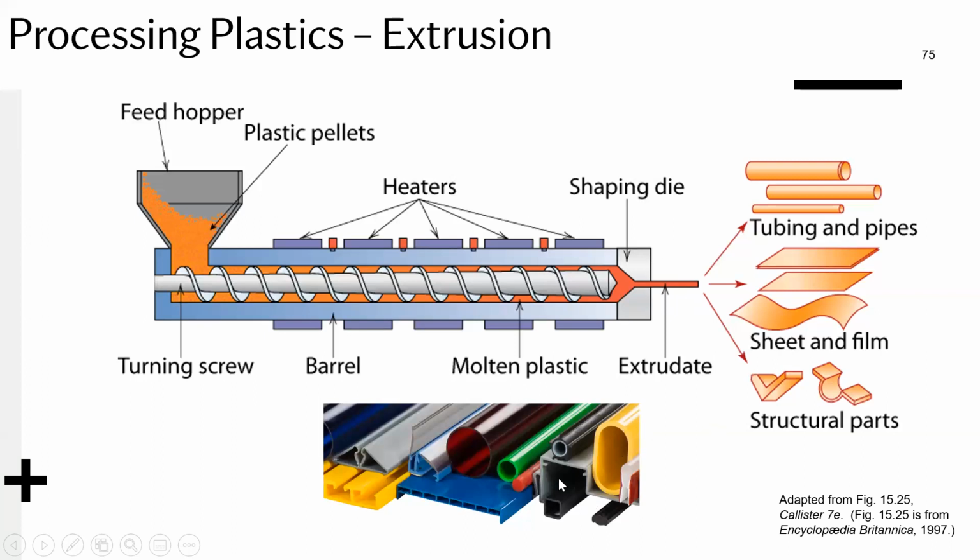So that's how you get these long extrusion bars and stuff. It can be used for a lot of different applications, as well as you can just extrude films and sheets. You can extrude tubes, as you can see here, or it could be a lot more complex designs like what you've got here. You've probably seen these in household items and commercially used products. So that's the third process.